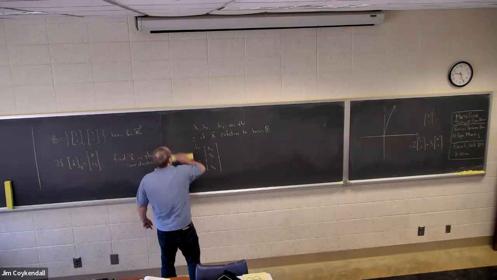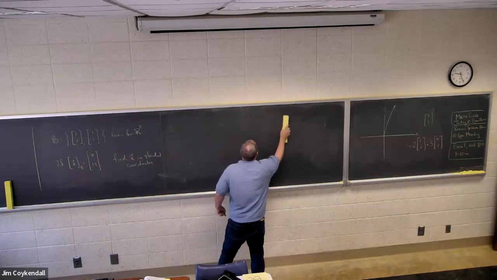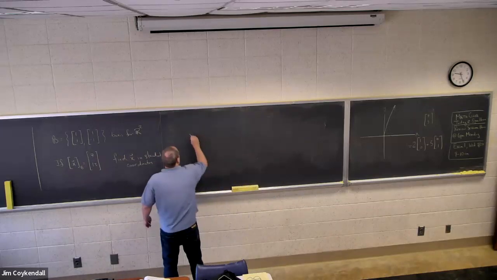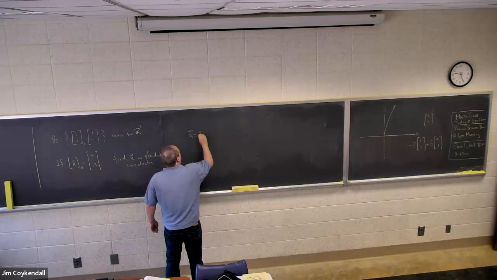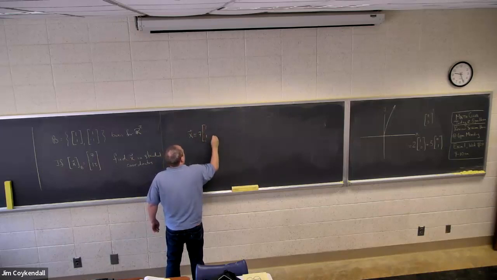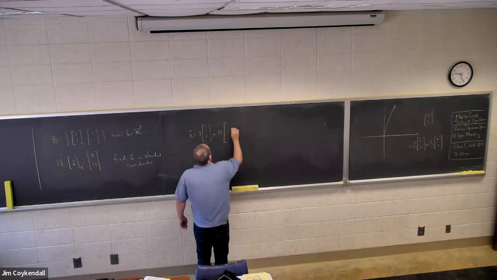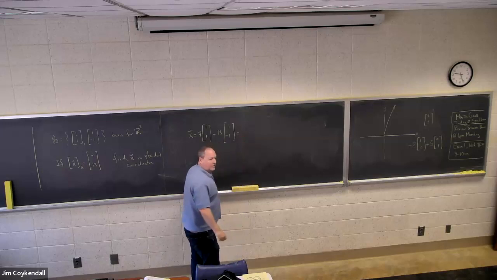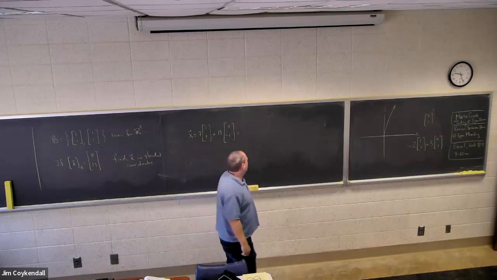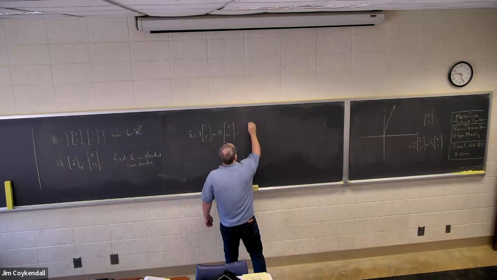So x is actually 7 times the first vector plus 13 times the second. In the standard coordinates we're used to, what do we get?